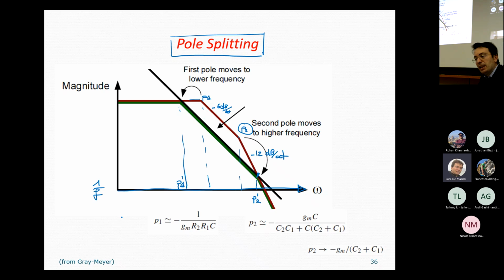Okay, very well. So let's suppose that we want a phase margin equal to 45 degrees. So we must plug this 45 degrees here.